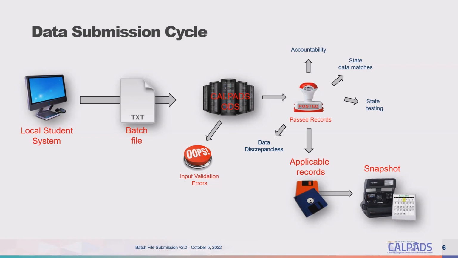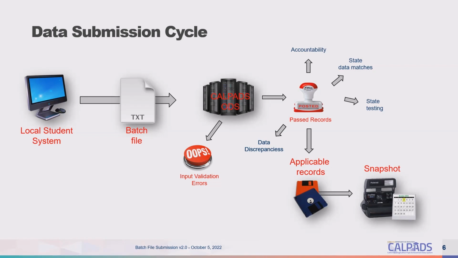Any applicable records from files that have been posted to CALPADS will be included in a snapshot, whether that's a Fall 1 snapshot, Fall 2 snapshot, or one of the 4 end-of-year snapshots. Only applicable records posted in the CALPADS ODS are included in the snapshot.